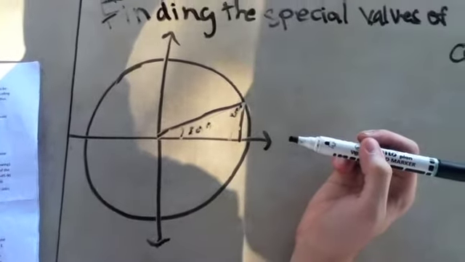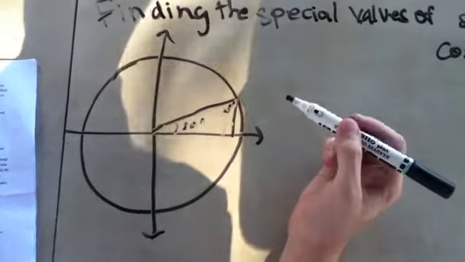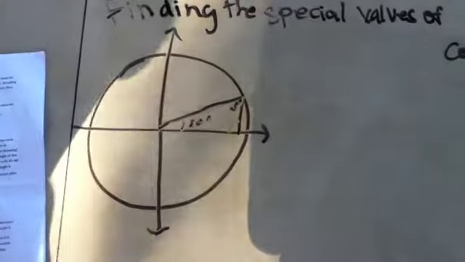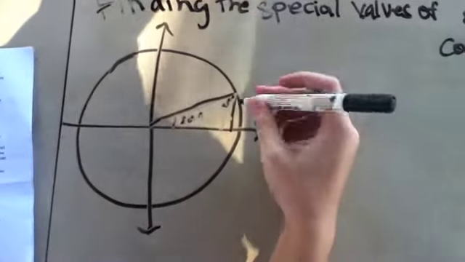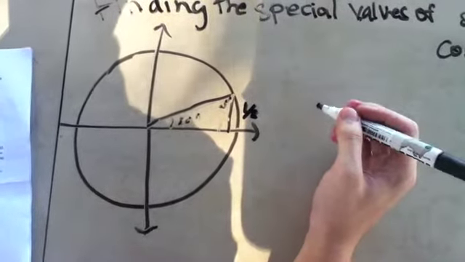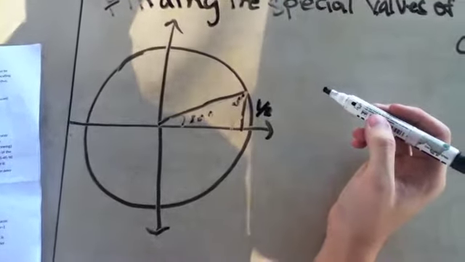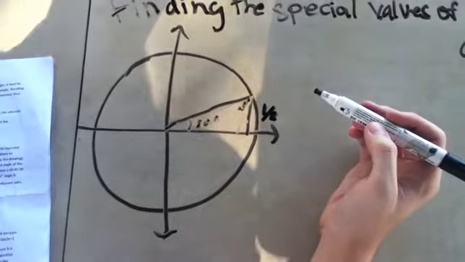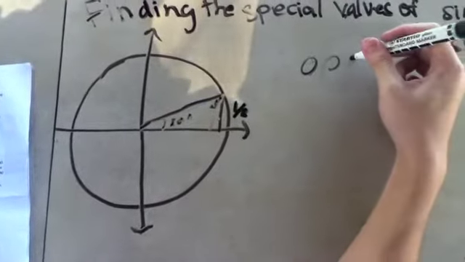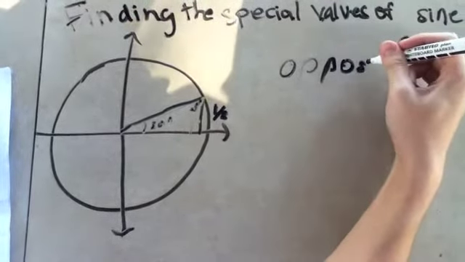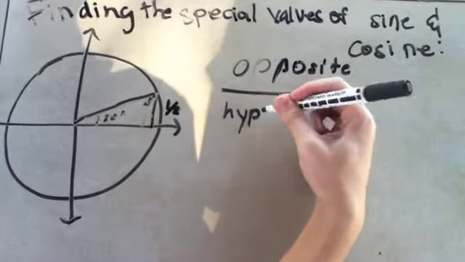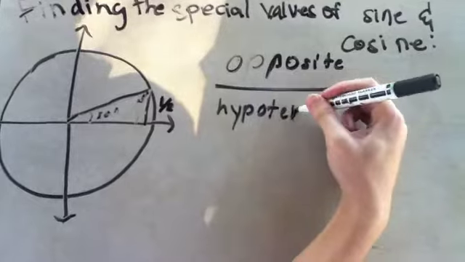Recalling the concept of the 30-60-90 triangle, we know that the side opposite the 30-degree angle is 1/2 the hypotenuse, and thus 1/2. We get sine pi over 6, which is equal to opposite over hypotenuse.